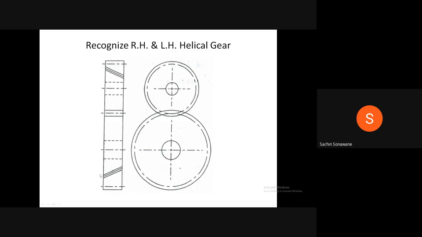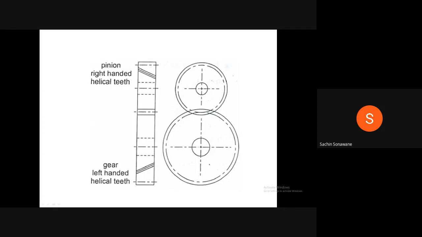This bigger gear or wheel is nothing but left hand helical gear. If you produce the teeth, it will intersect towards the left side of the axis. Therefore, the upper gear is the right hand helical gear, the lower gear is the left hand helical gear. Same diagram: pinion right handed helical teeth is in contact with gear left handed helical teeth.